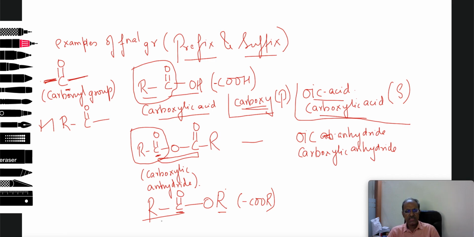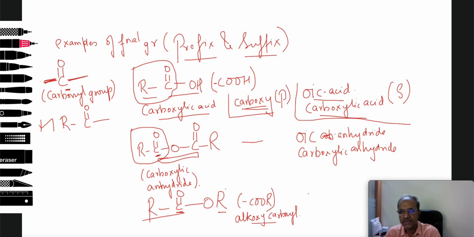Now, what is this known as? The prefix of this is alkoxycarbonyl.